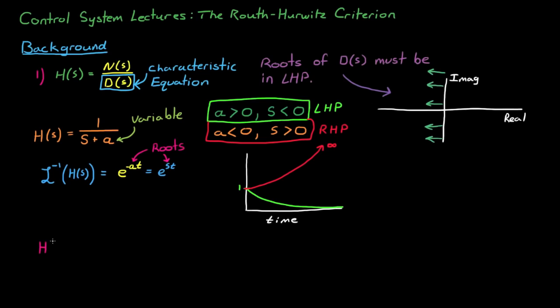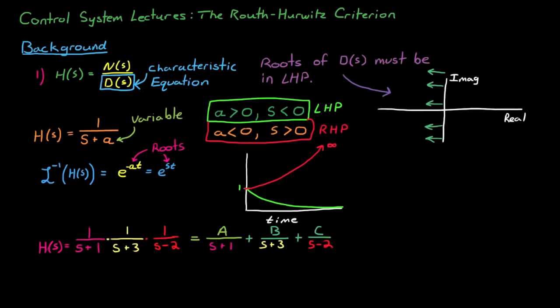Now we can stack any number of these poles up to produce a transfer function of higher order. I'll write a transfer function here consisting of 3 separate poles, 2 in the left half plane and 1 in the right half plane. But we can always simplify a transfer function written like this using partial fraction expansion, which in this case turns multiplication into a summation of 3 separate single-pole transfer functions, all with different constant gains.